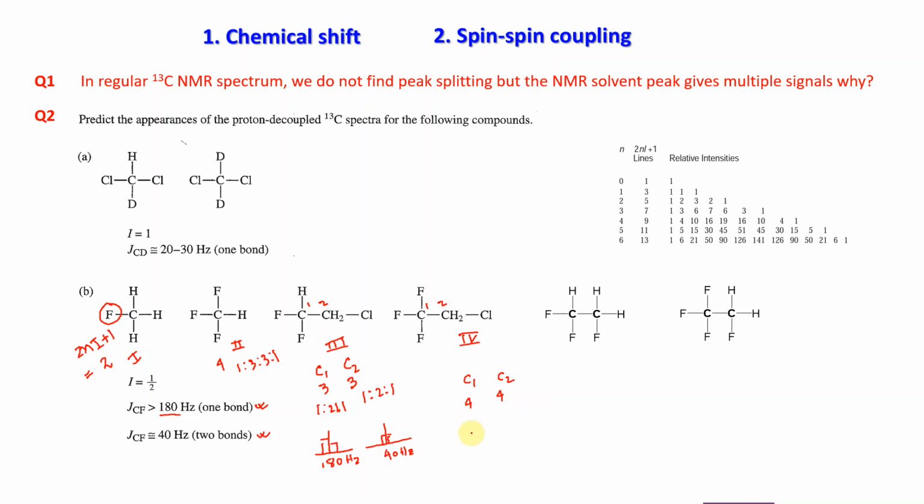The only difference will be the peak gaps. So this is 1:3:3:1, and another will be closer, so 1:3:3:1. Okay, so that will be the differences.